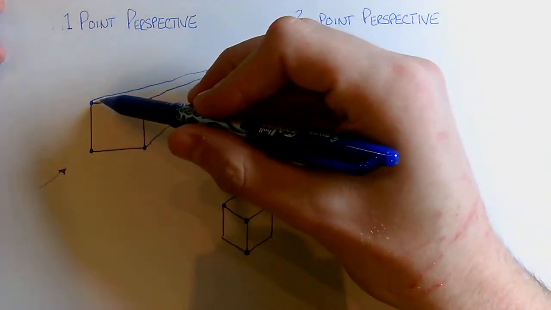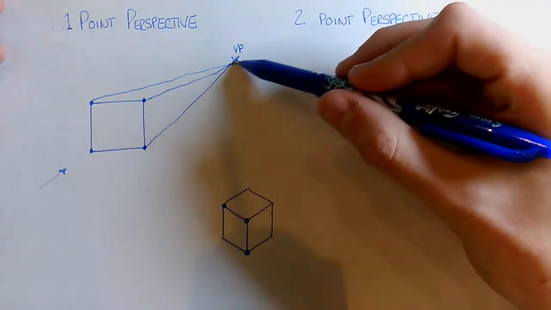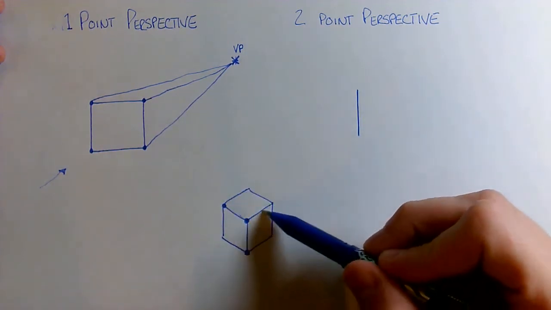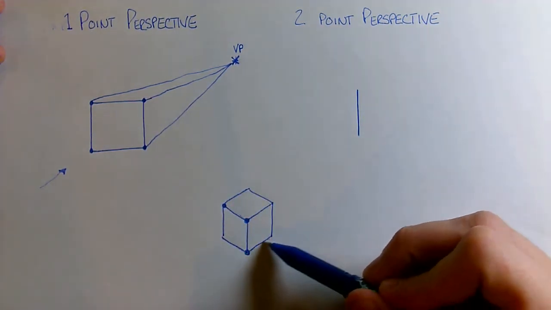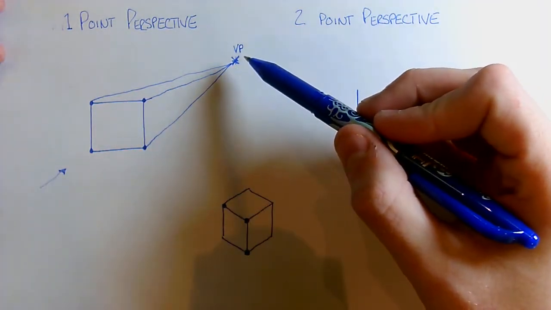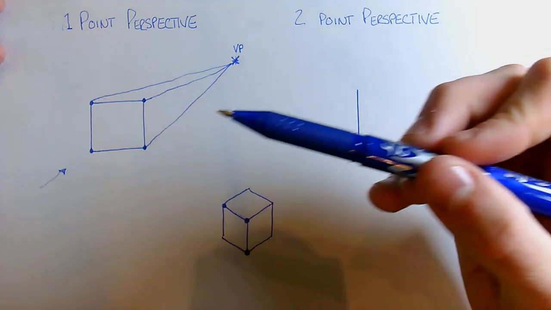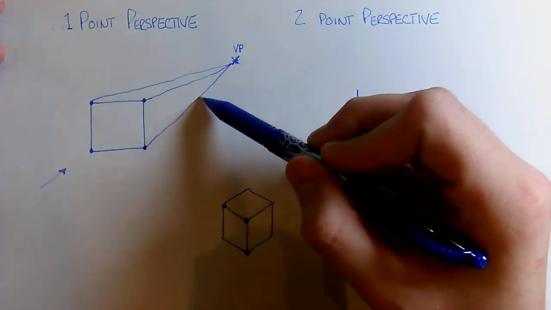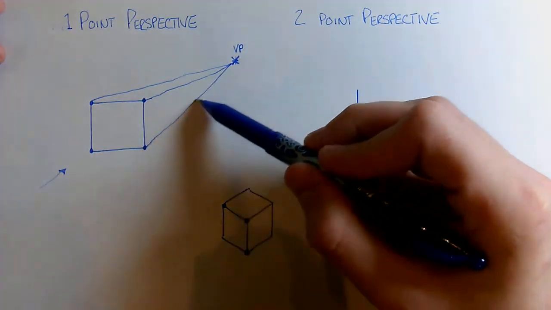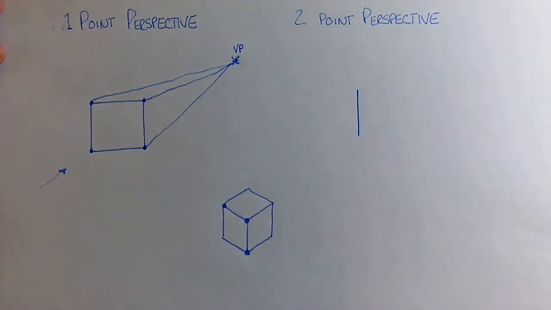So what we're doing by taking these points back to the vanishing point is we're actually creating these edges right here. But if you remember me saying that we're trying to make it look a bit more realistic, the further things are away, they get gradually smaller. So you can see that this is actually getting a lot thinner, which is giving the kind of imitation that it is getting further away from us.